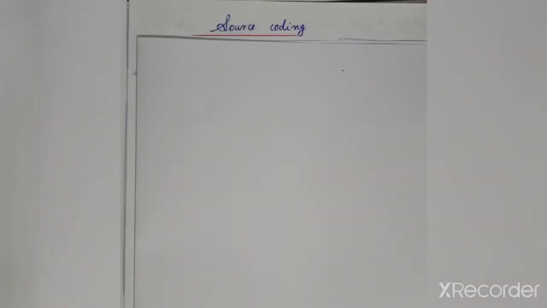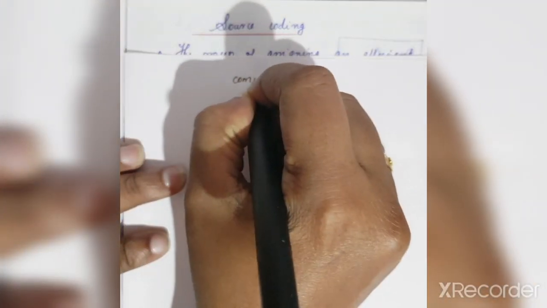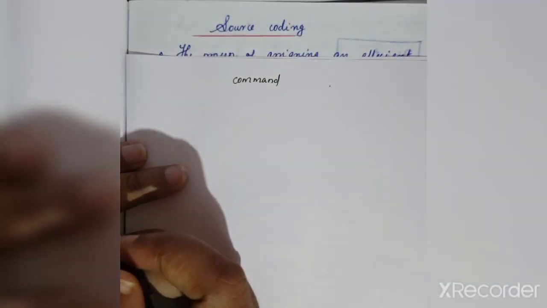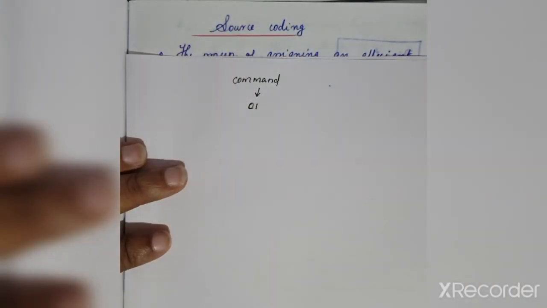Whatever be your information from the information source, we are just giving it a binary representation, and that is source coding. Let me take a simple text, let it be "command". This is my data from the information source, and I am giving a binary representation 0, 1 to this 7-letter word.